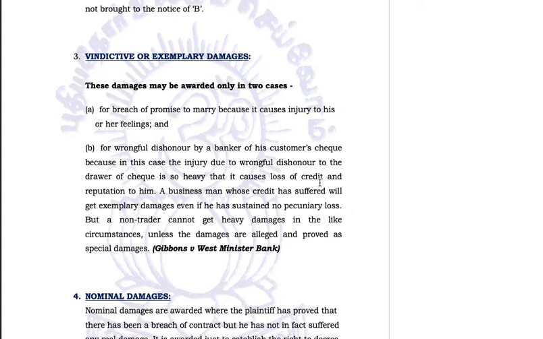Because it has caused a dent on his social reputation and his credit has gone down in the market. These are vindictive damages. No loss has been suffered, but definitely here reputation is at stake and it goes down. This was held in Gibbons versus Westminster Bank.